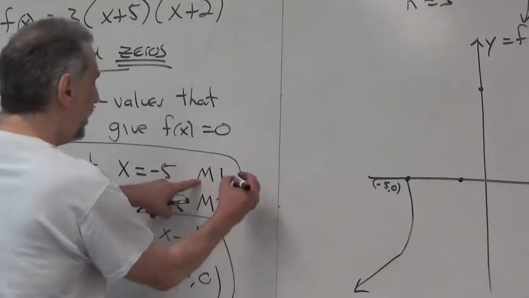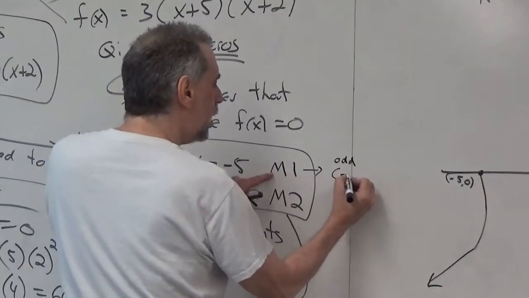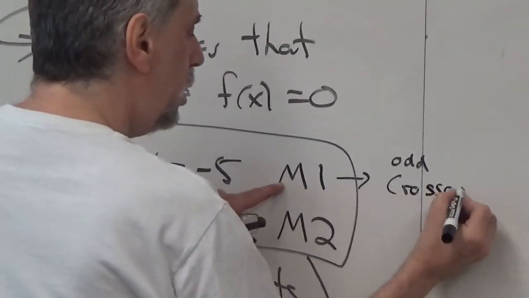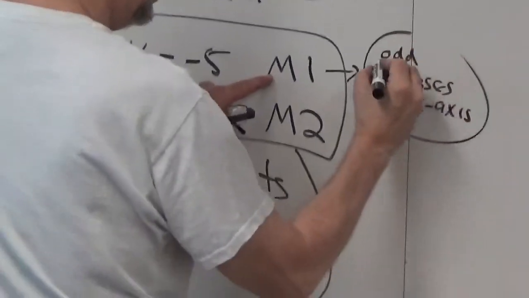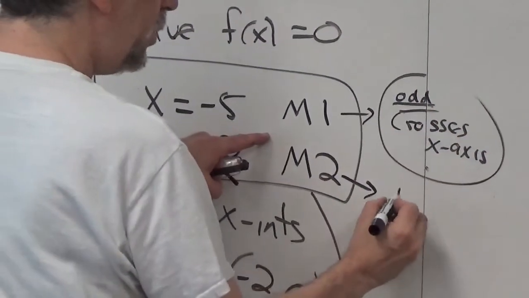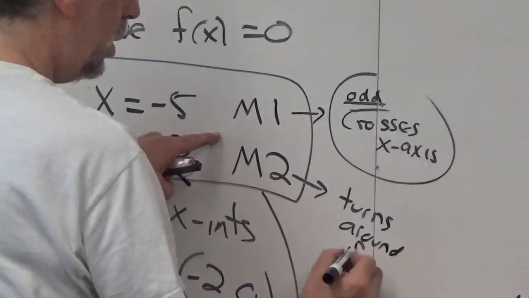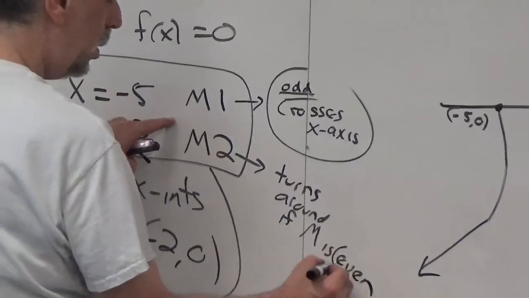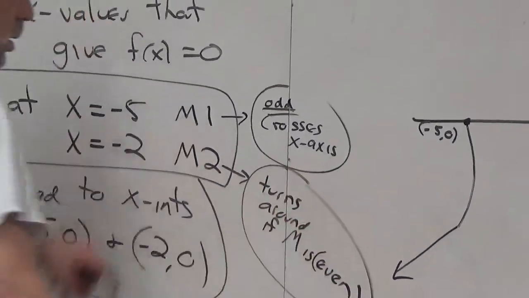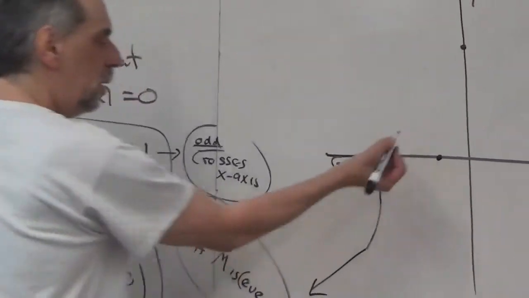Multiplicity odd means it crosses the x-axis. Even means it turns around if m is even. All right, so at -5, it crosses the x-axis.